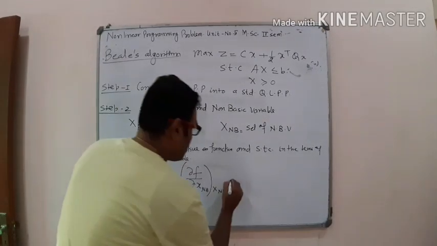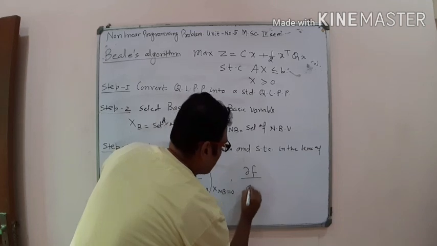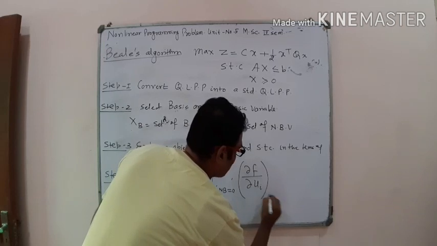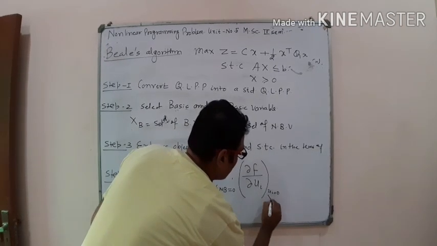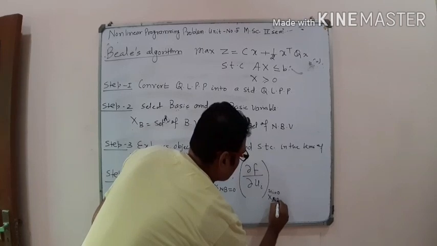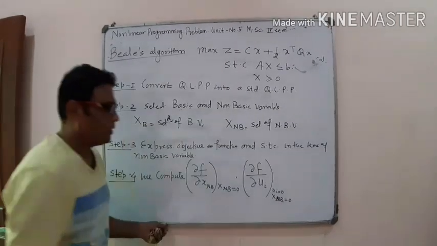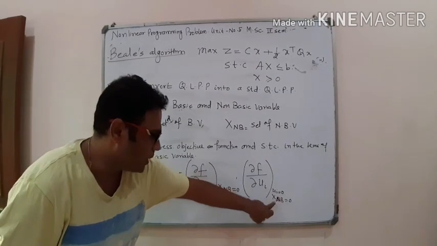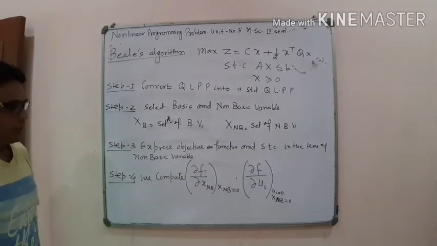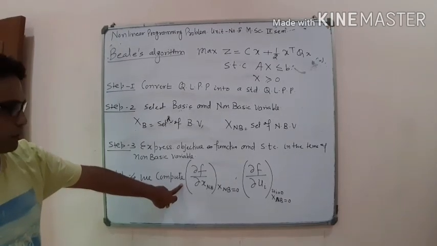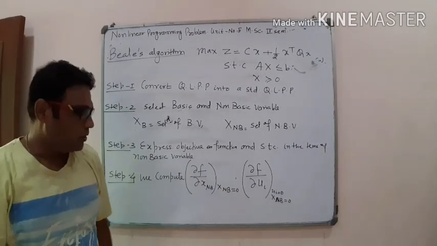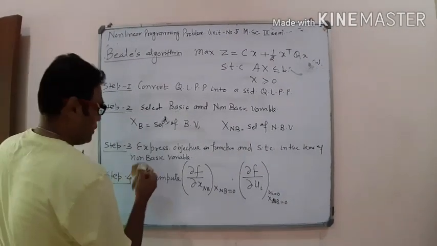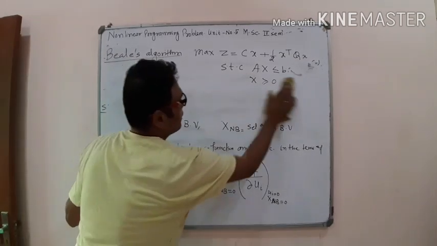Suppose in any case we have some free variable like ui, then we compute the partial derivative of this function at ui, and it is possible that some xNB variable is included in this expression. Therefore we calculate this partial derivative at ui equal to 0 and xNB equal to 0, and check whether these partial derivatives are greater than 0, equal to 0, or less than 0. So in this step three cases arise.